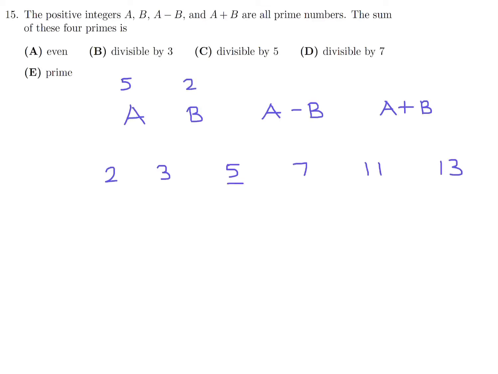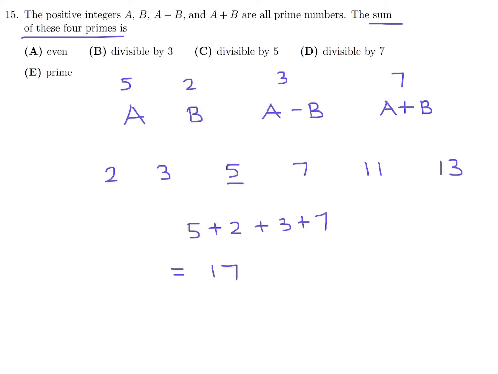A minus b will be 3, and a plus b is 7. Yeah, that'll work. So that means I've made all of those expressions prime numbers, and now they want the sum of these 4 primes. Well, the sum is 5 plus 2 plus 3 plus 7, and that is 17.